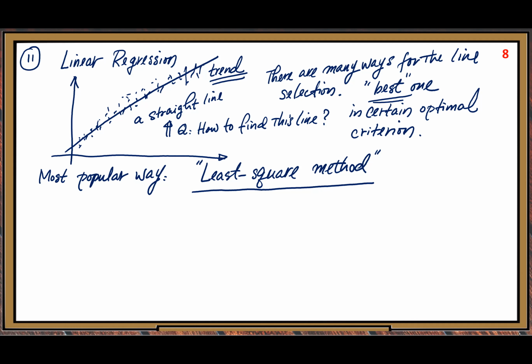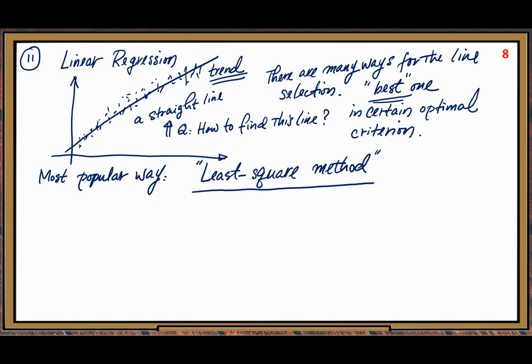Python has the least square function, so you just apply it to find the solution. But I would like you to do some hands-on work, so you can feel it. That will be interesting. Write a simple Python program.